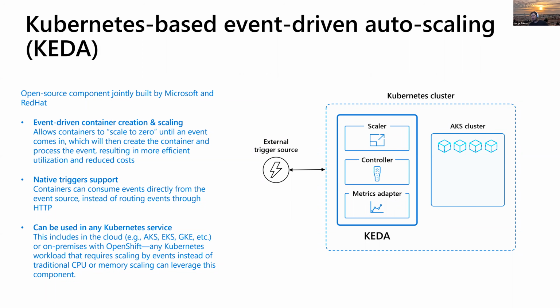And then after that, just scale it based on an event up to 100 or whatever number of replicas you can go to. And again, you can use this in any Kubernetes cluster. It's also an open source project that I linked to and that I recommend that you test out for your workloads, especially if you're doing any sort of event-driven programming or you have any event-driven architecture in your applications.